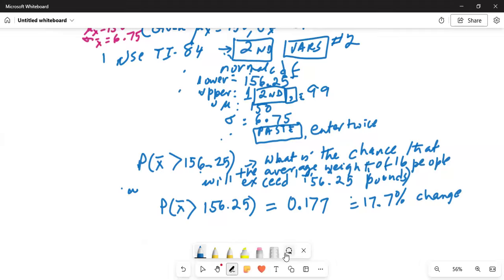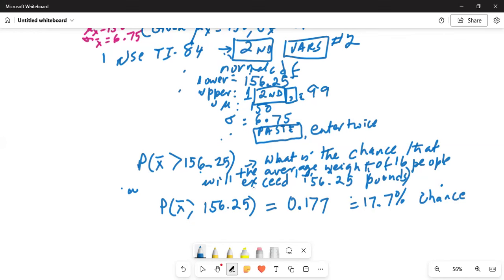Okay, not change, it is chance. 17.7% chance that if you put 16 people and do it many times, or 100 times, out of 100 times, 17.7 times or 18 times, it will exceed the total weight limit.